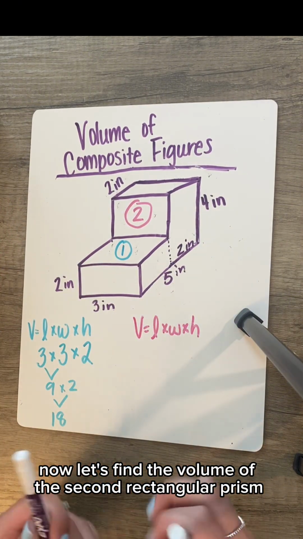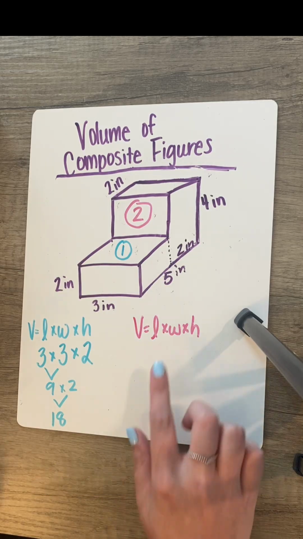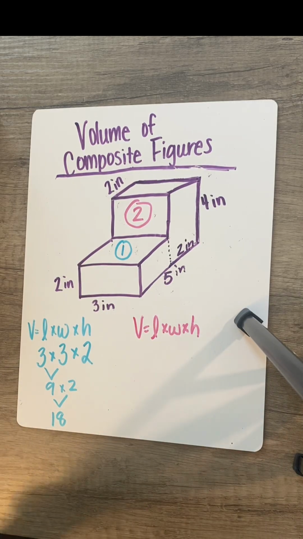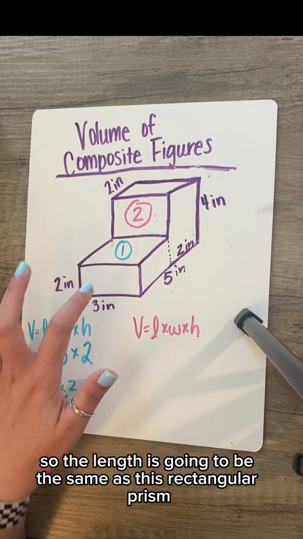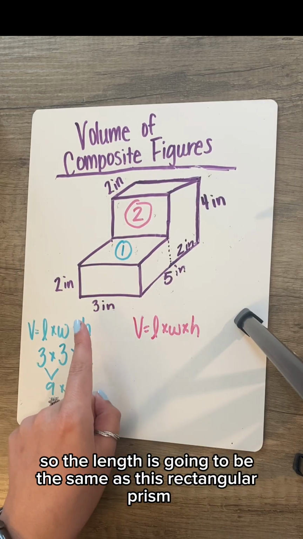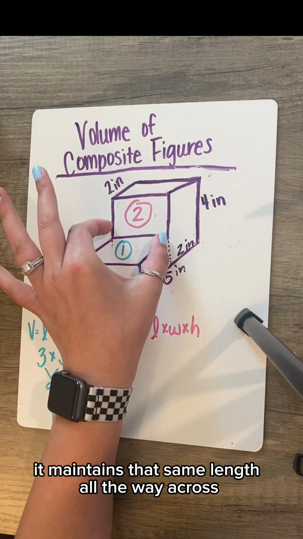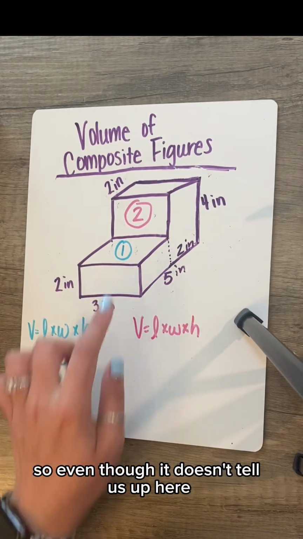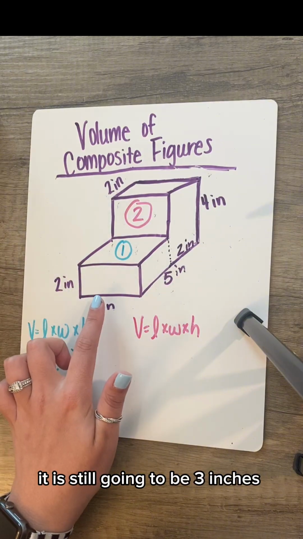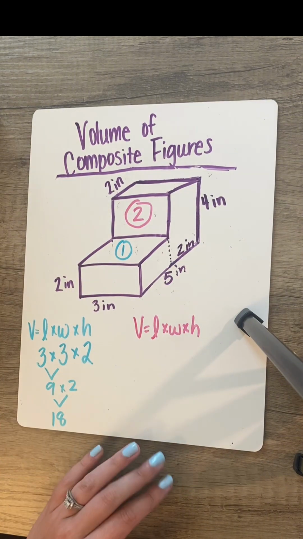Now let's find the volume of the second rectangular prism. So we need our length. So the length is going to be the same as this rectangular prism. You'll notice that from here to here, it maintains that same length all the way across. So even though it doesn't tell us up here, it is still going to be 3 inches.